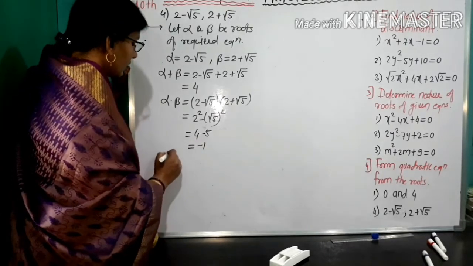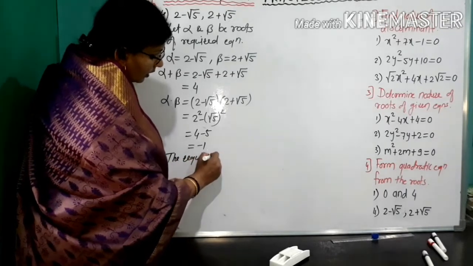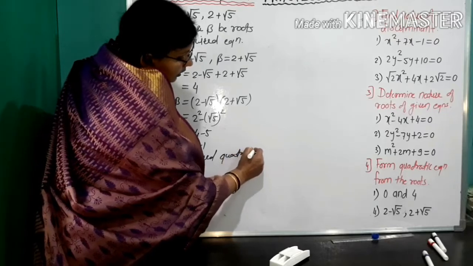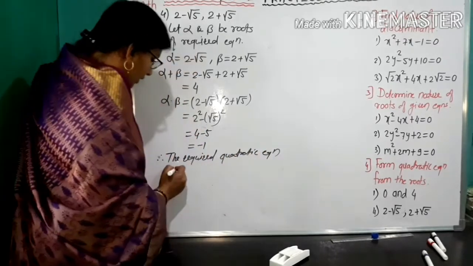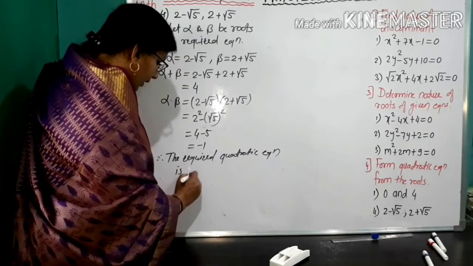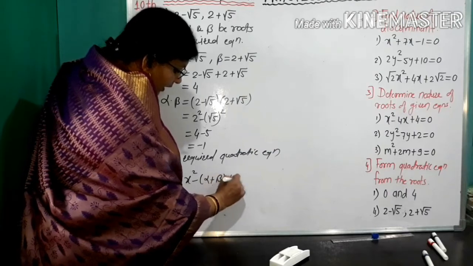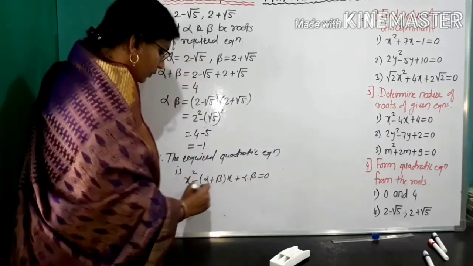And therefore the required quadratic equation is x square minus (alpha plus beta) into x plus alpha into beta equal to 0.